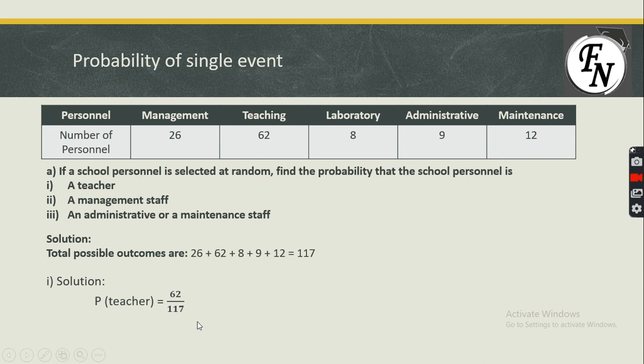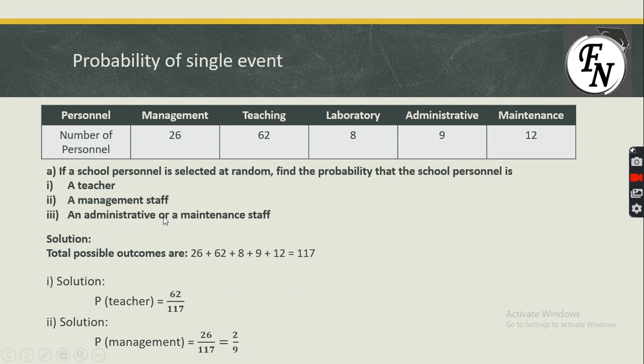We can cancel if it goes in a single table, but here it does not, so I have kept it the same. The management staff has 26 persons out of 117, so the probability of management staff would be 26 over 117, which is cancelled to get 2 over 9.